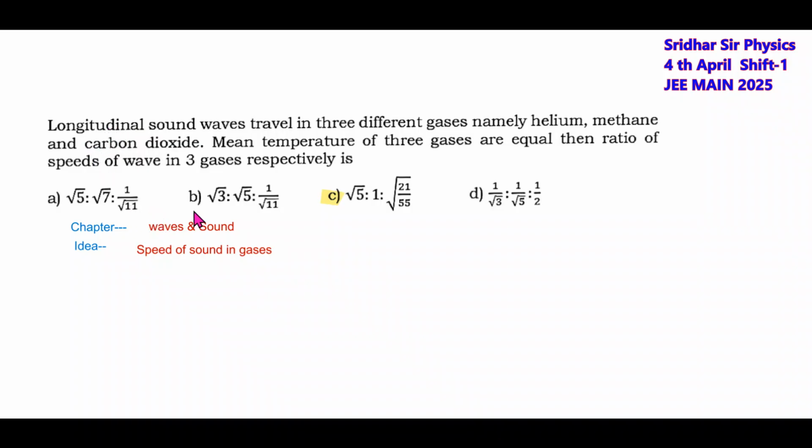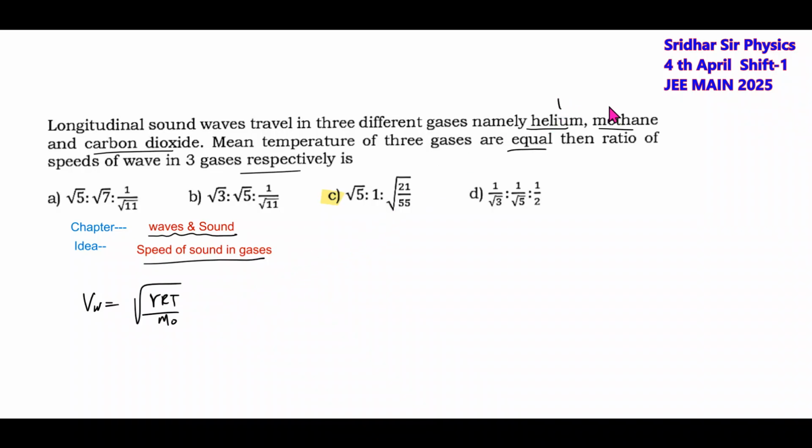We have a question based on the chapter waves and sound, related to the speed of sound in gases. Longitudinal sound waves travel in three different gases, namely helium, methane, and carbon dioxide. The mean temperature of the three gases is equal, the temperature is the same. Then find the ratio of the speed of waves in the three gases respectively. Speed of sound in any gaseous medium is given by this formula. It is asking for the ratio.